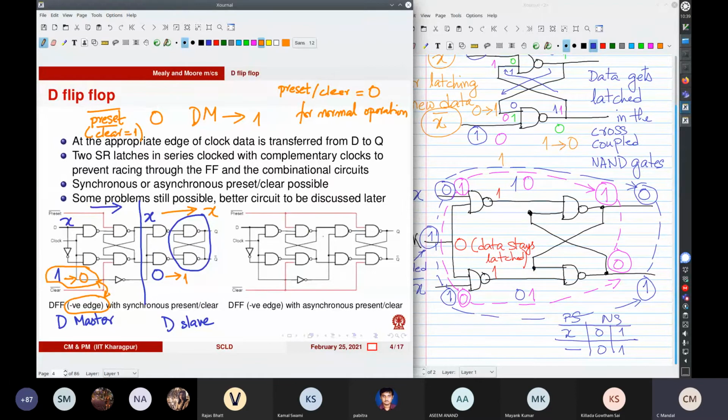So this will force the output to become 1 or 0 at any time. So that is the behavior of these preset and clear lines. This is the basic behavior of a D flip-flop, which is the storage circuit which is used.